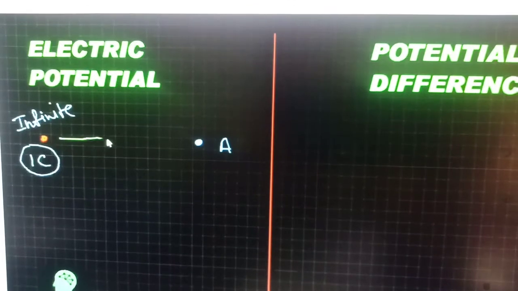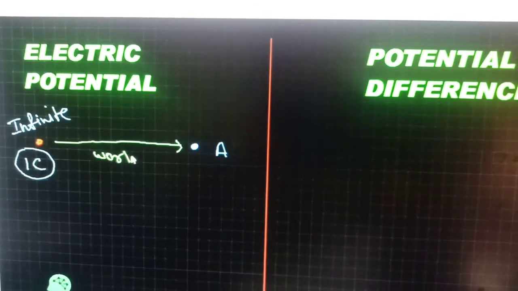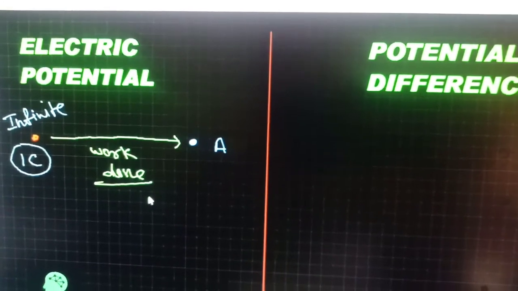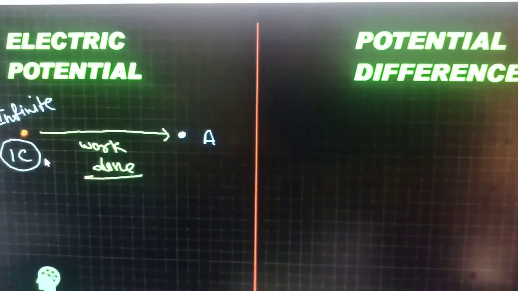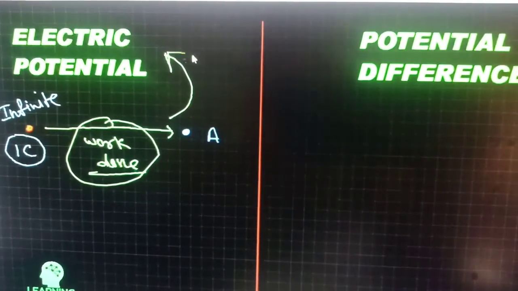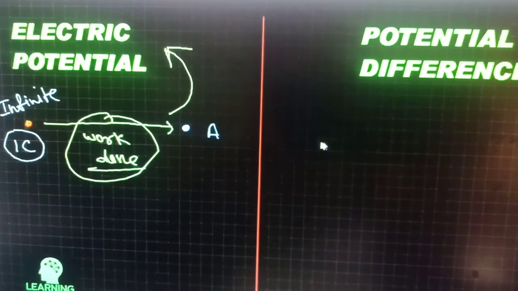When we are taking it to a point, we have to do some work. So the work done to bring a unit charge from infinity to a point is called the electric potential.